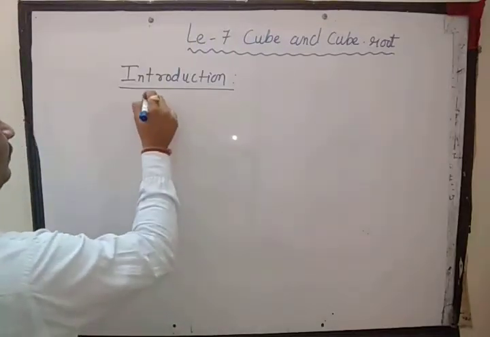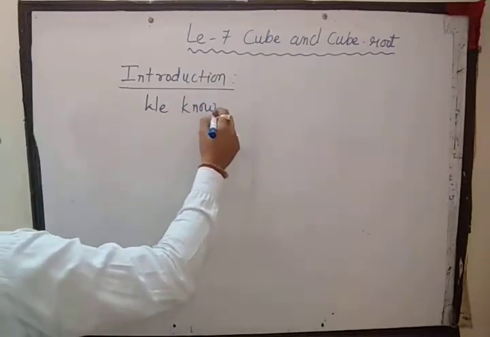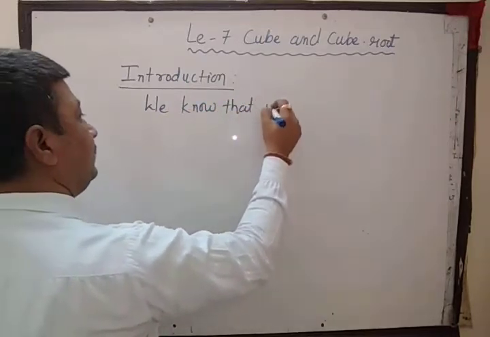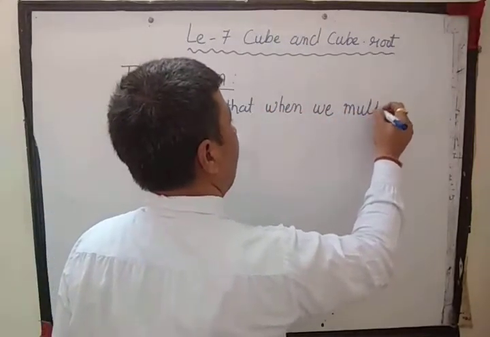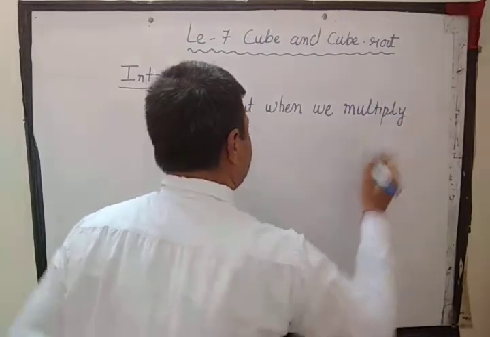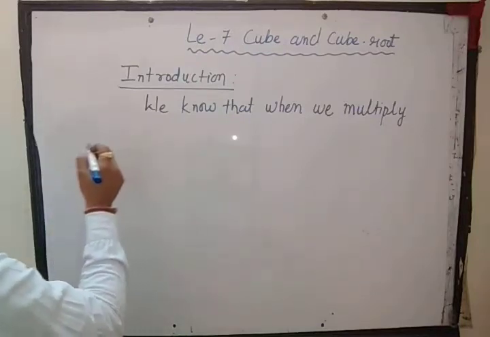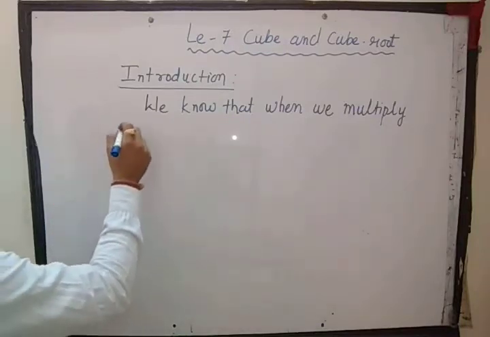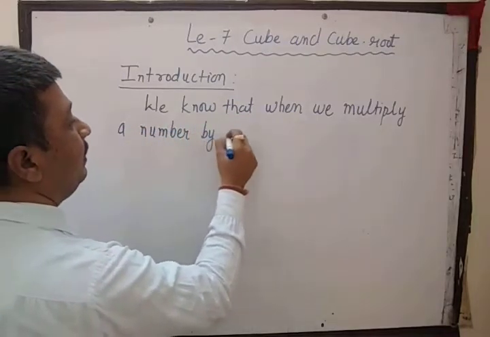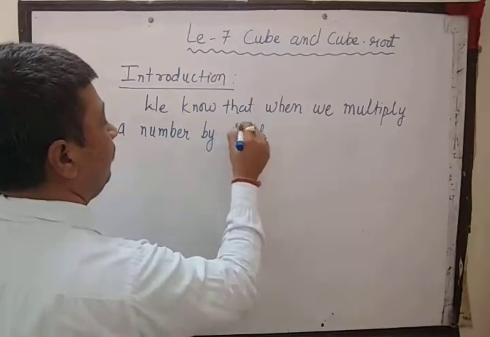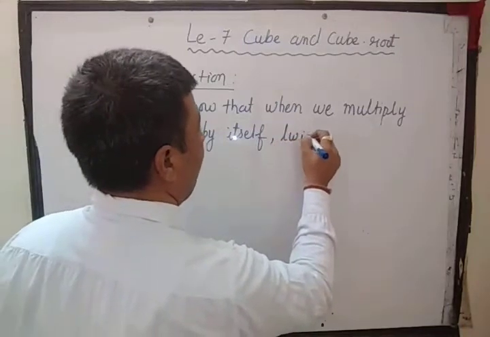As an introductory part, we know that when we multiply a number by itself, how many times? Twice.